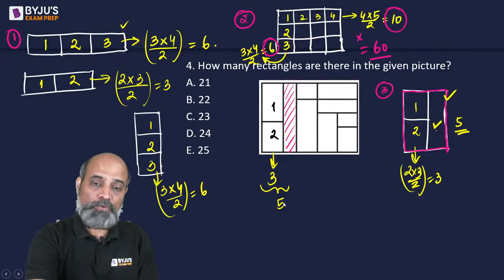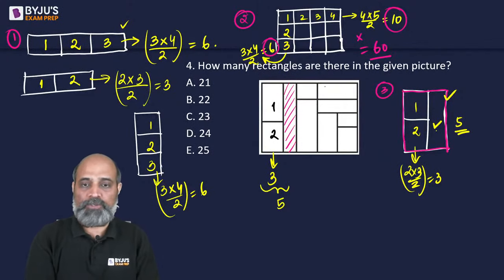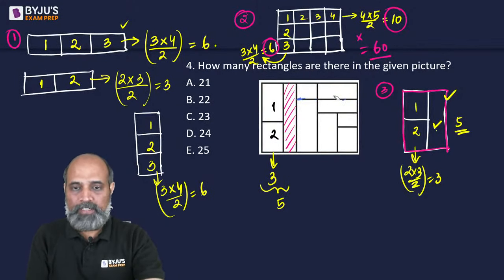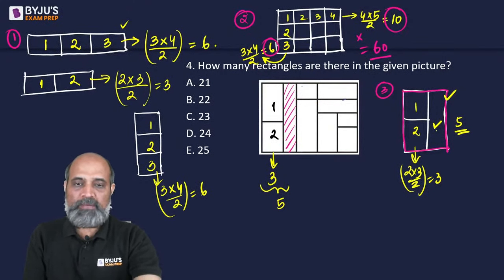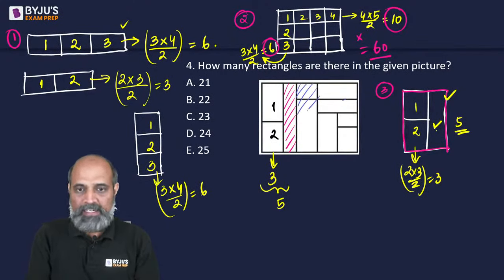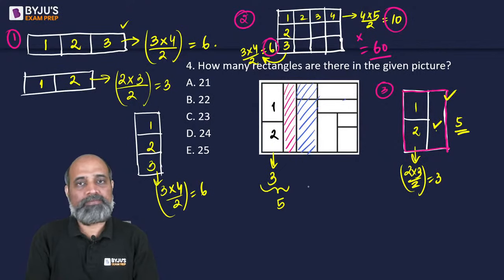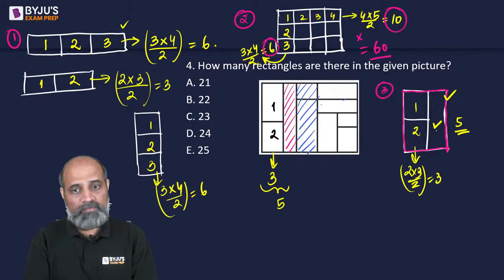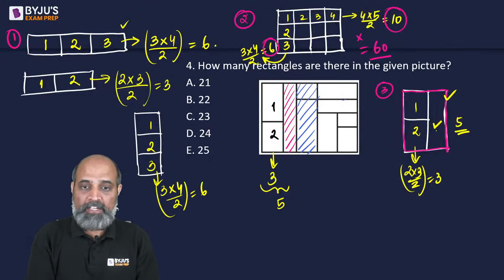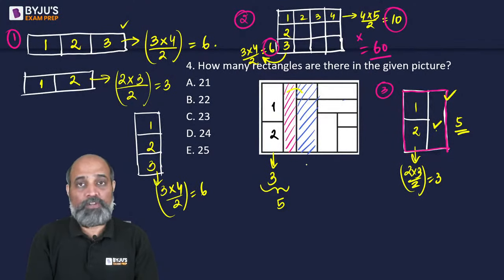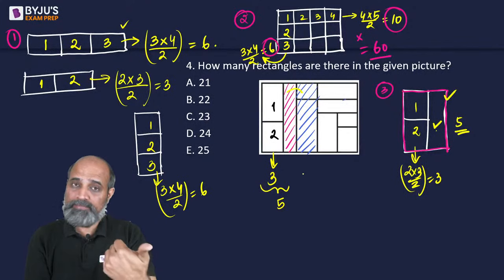Now, when you move towards the next one, you have to make sure that you don't take the horizontal one. ये जो horizontal line है ना, इसको ignore करो. Okay? Forget about it. Now, the moment I bring in this rectangle, this entire rectangle, how many rectangles do you get? One more, right? एक तो ये खुद है. Now, this combined with the previous one will also result in one rectangle.